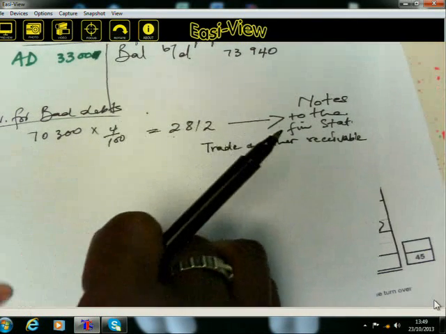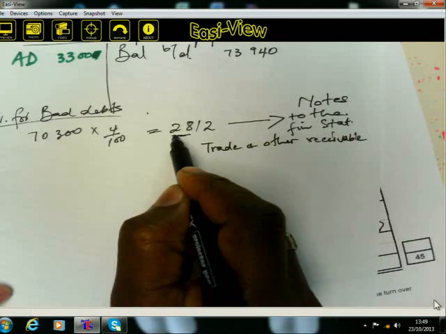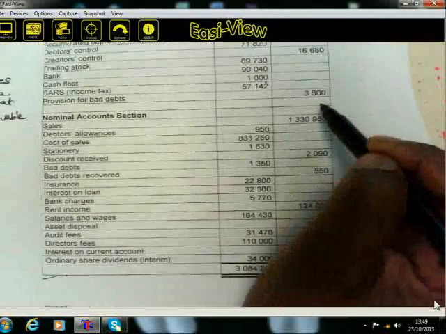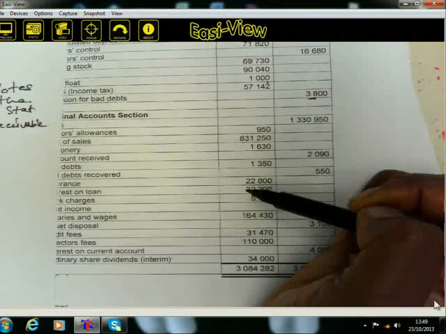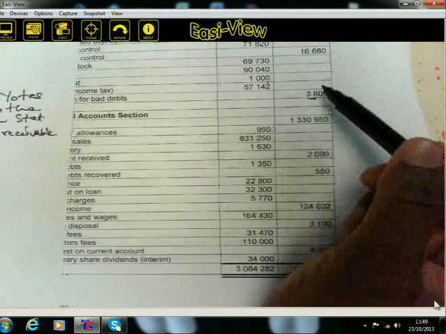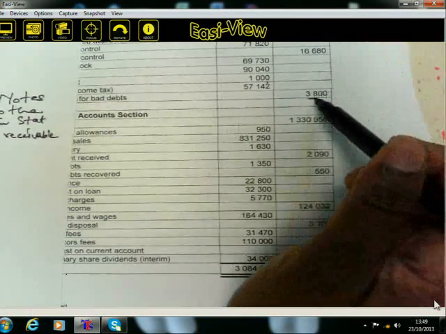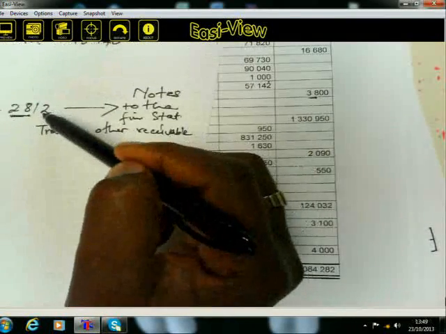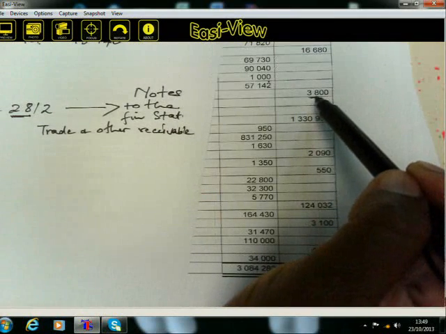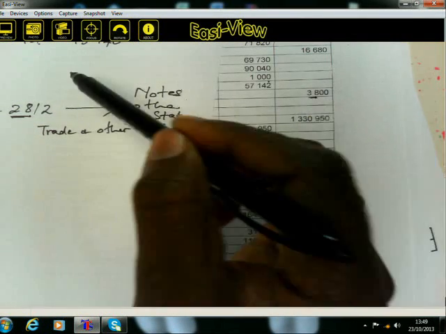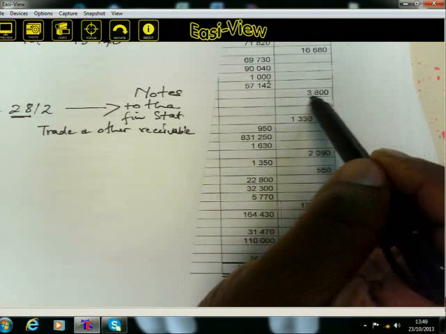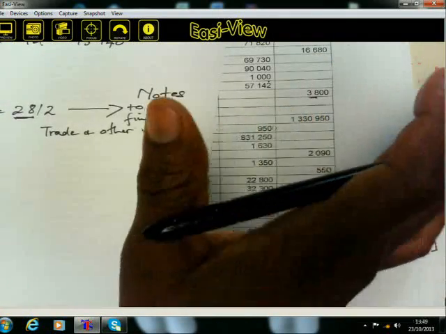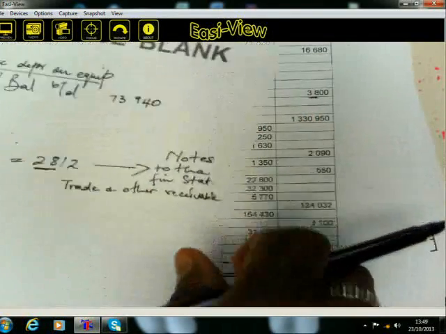What we need to do now is to compare this amount with the amount that we have in the trial balance, which is 3,800. We compare the two. The trial balance is bigger. The calculated is less. So if the calculated is less, the trial balance being bigger, then we have to reduce the provision for bad debts. That means instead of having a loss, this time the provision for bad debts adjustment will be an income.